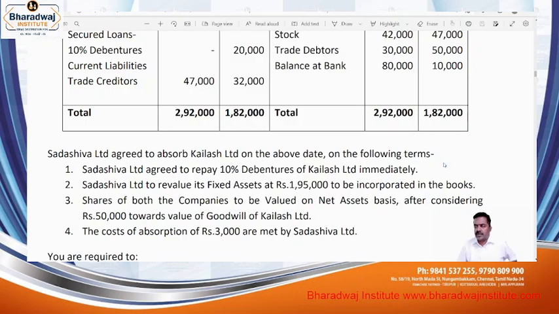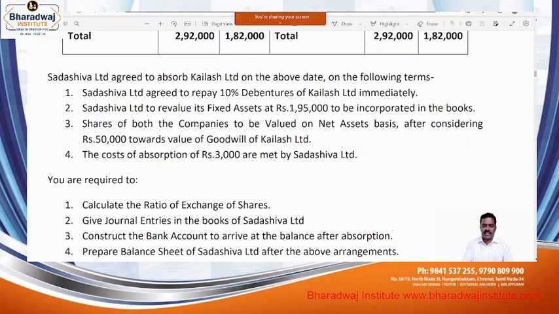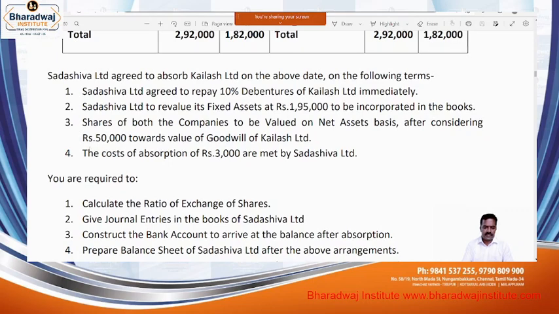Intrinsic value is equal to net assets available to equity shareholders divided by number of equity shares.